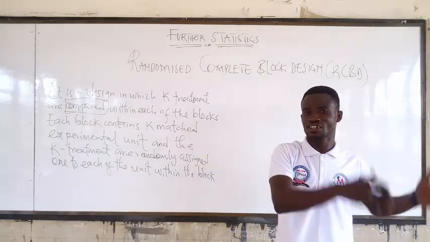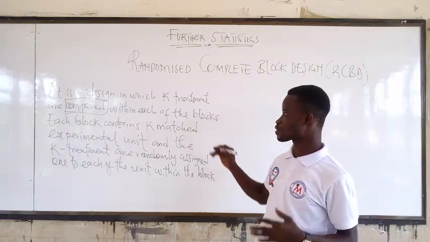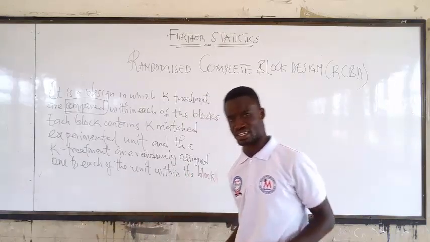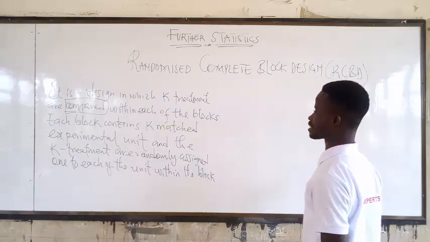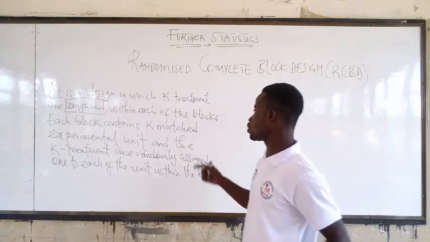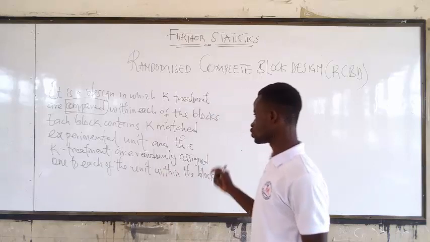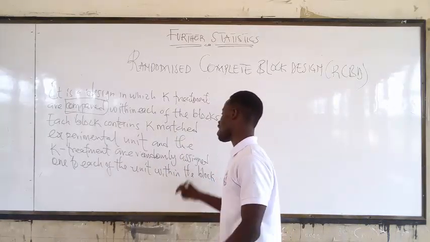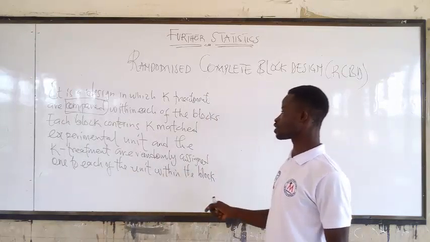In the CRD, we assign the treatment. But here, treatments are being compared within each of the blocks. Each block contains K matched experimental units, and the K treatments are randomly assigned, one to each of the units within the block.